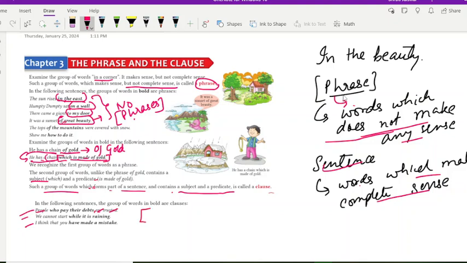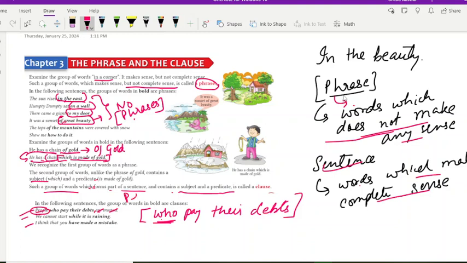Now, if I do a proper study on this sentence, who pay their debts. Who? This sentence is talking about something, who. Then for whom is this who used? It is used for people.